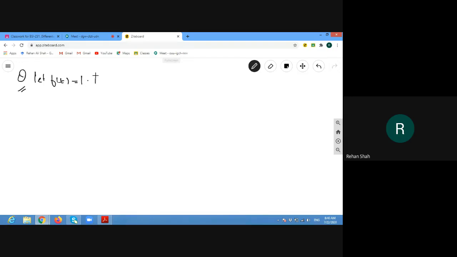Find the Laplace transform of f of t. This is the question. Solution.